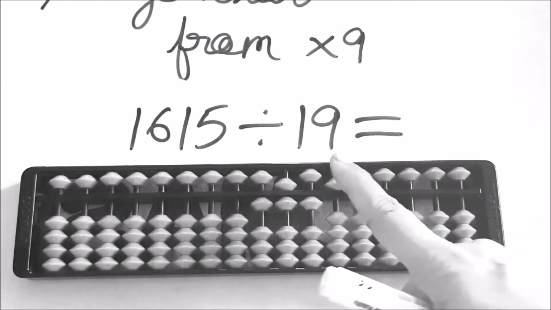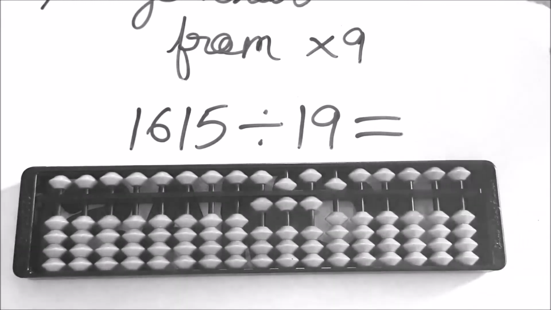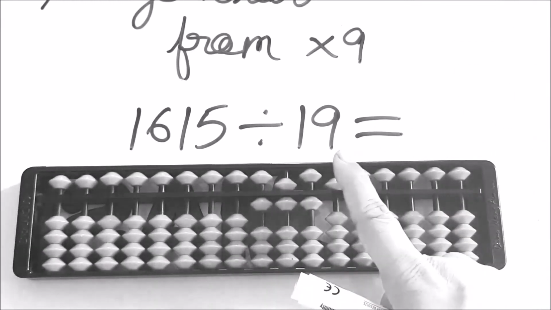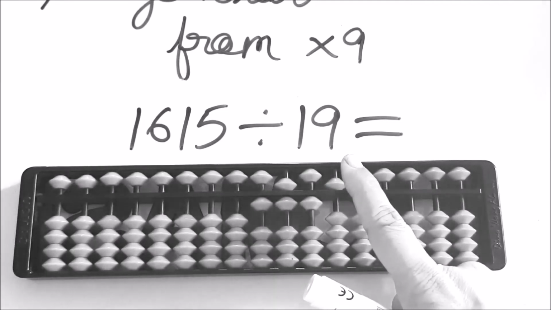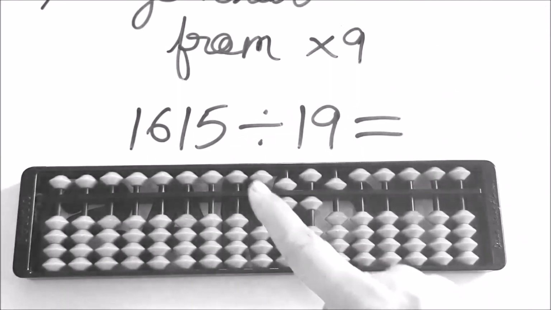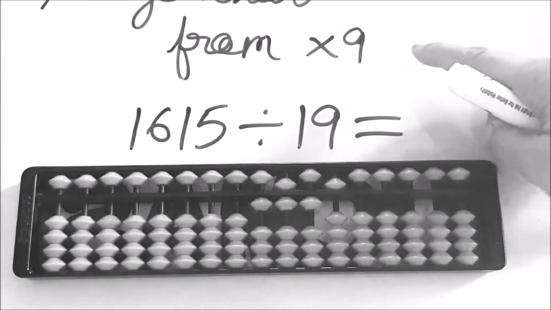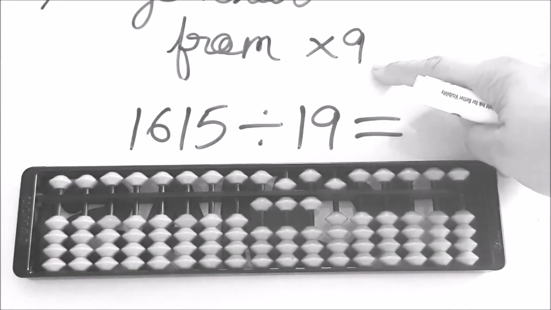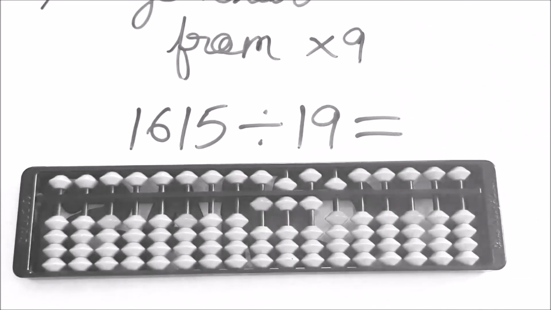Now the first step, when these two rules are met, is to multiply the number directly with 9 and see if we can use it. So 19 into 9, you have to do on mental abacus. That comes to 171.